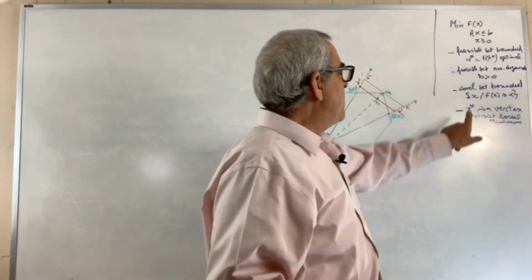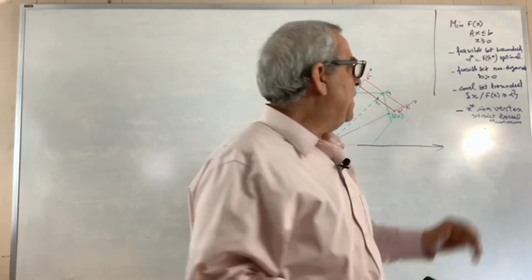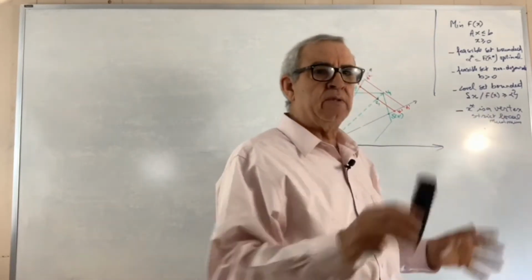In other words, in the neighborhood of x star, f takes on a bigger value. Okay, so x star is really the optimal in the area.